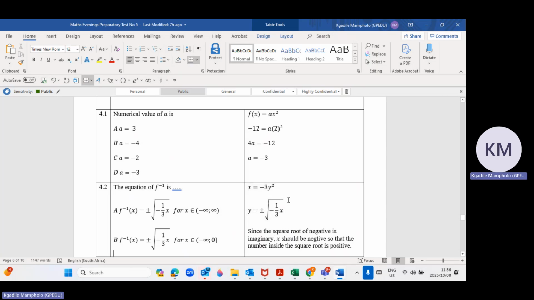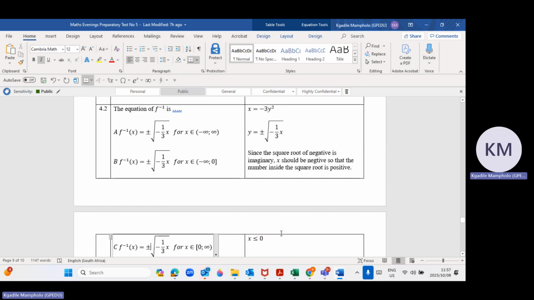Now, if you want to make y the subject of the formula, you first divide by negative 3, then it comes to this side. Now, if it's like this, then it will be restricted, because the square root of a negative is not admissible. It's imaginary. So not all the x values will hold.